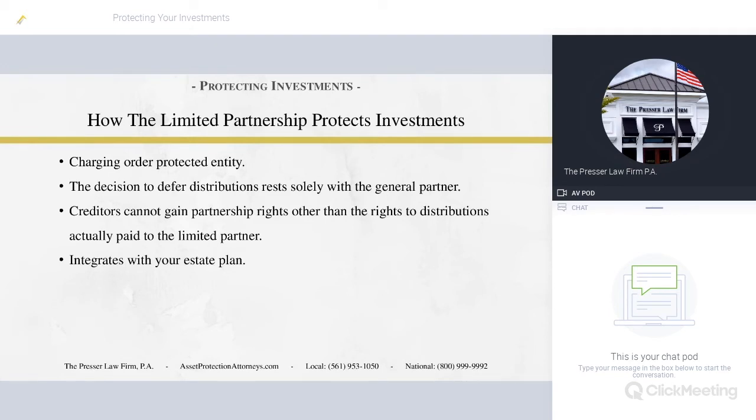So you can feed more money over there without using any sort of gift exclusions or any potential taxable gift exemption. So we like to integrate the limited partnership in with your estate plan.